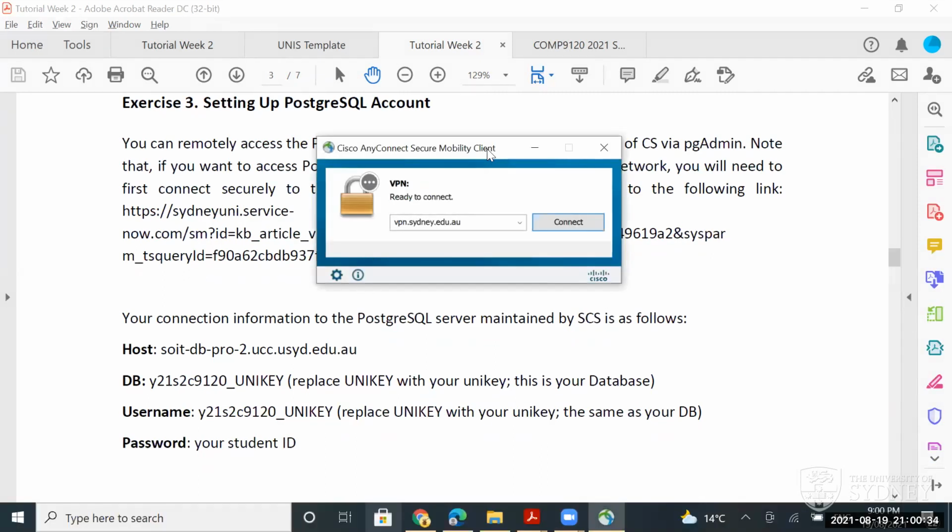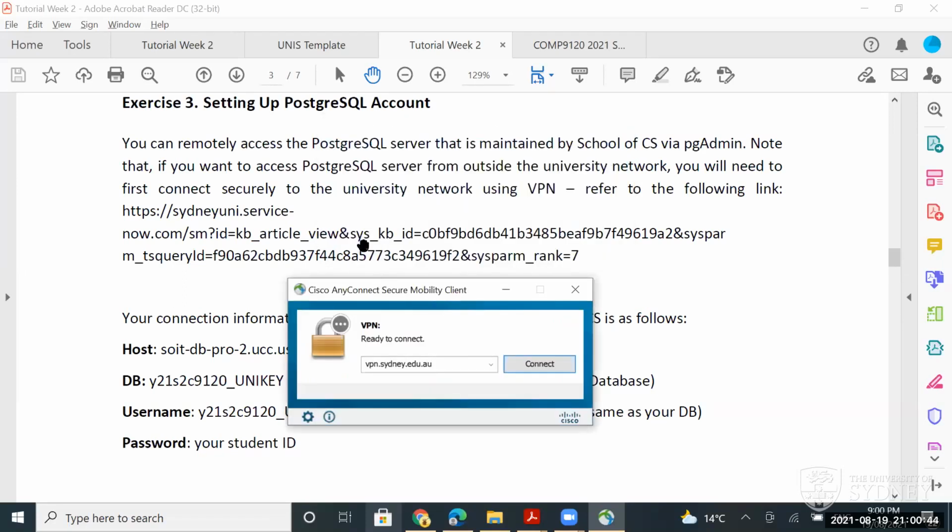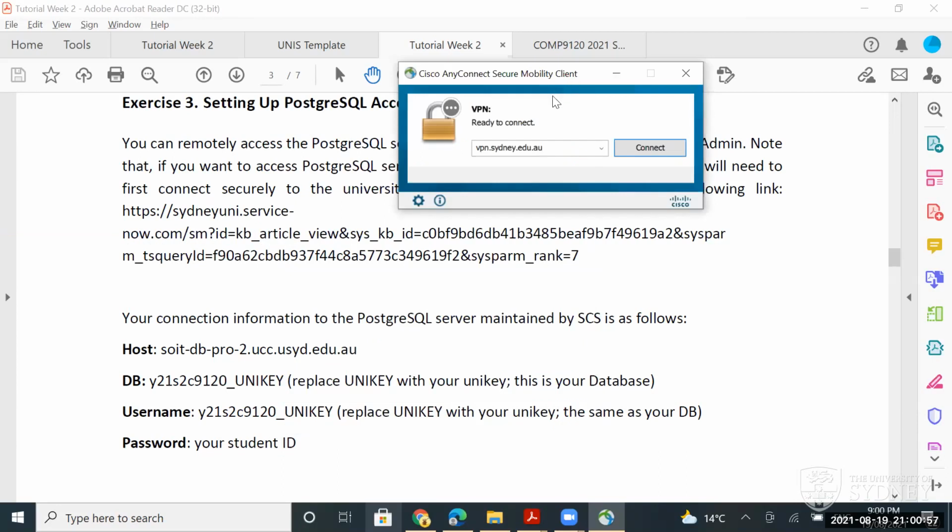So this is the VPN. You can see my screen. I've got Cisco AnyConnect Secure Mobility Client. If you have not installed this, go to this link here. If I read, you can install a software, and the VPN will allow you to securely connect to the university network.